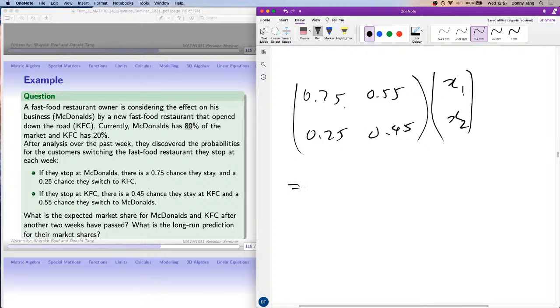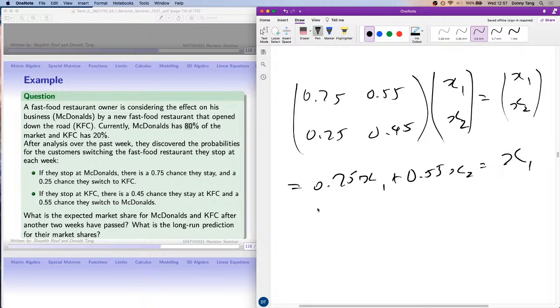We're going to apply it, so 0.75 x1 plus 0.55 x2. Oops, this is some horrendous handwriting. Very sorry, guys. Equals, and we want it to stay the same, right? So this is going to equal x1. And then over here, 0.25 x1 plus 0.45 x2 equals x2.